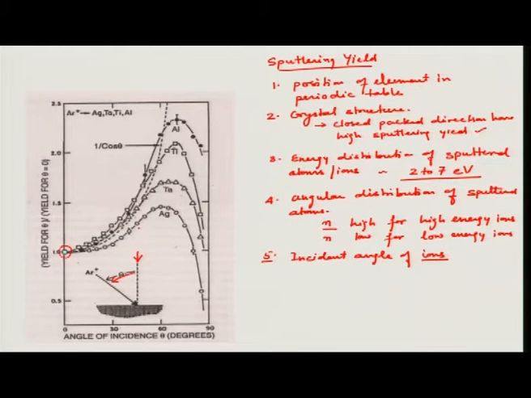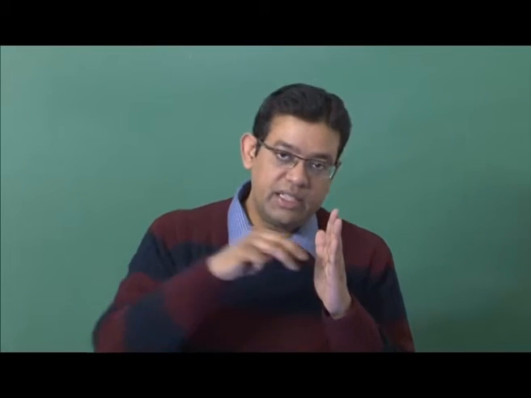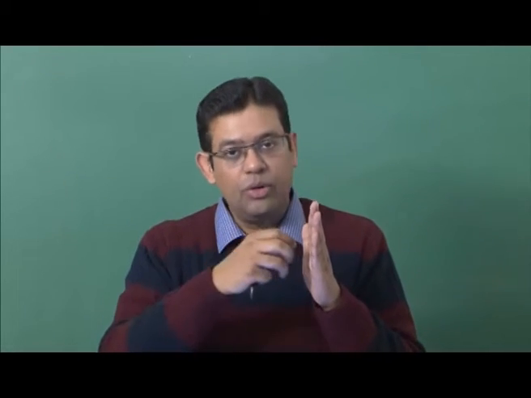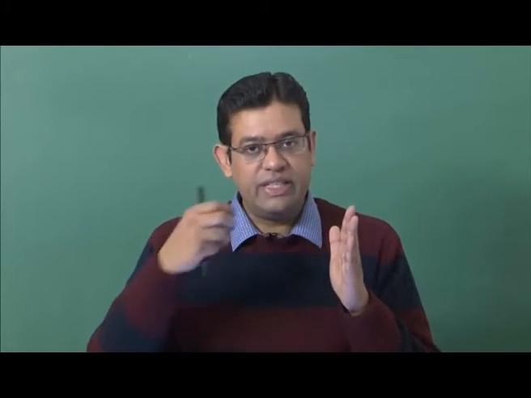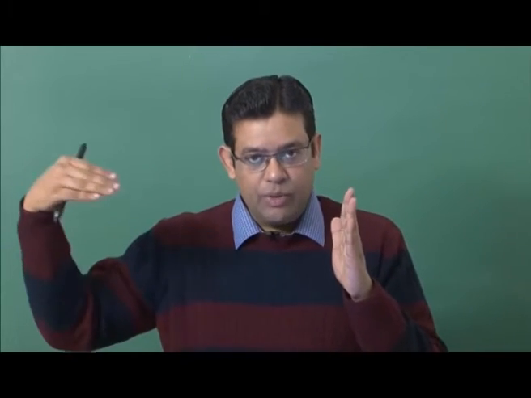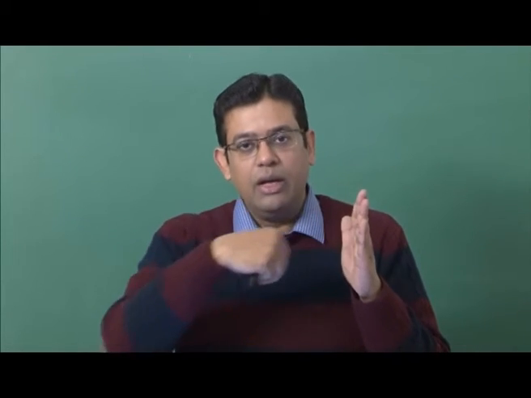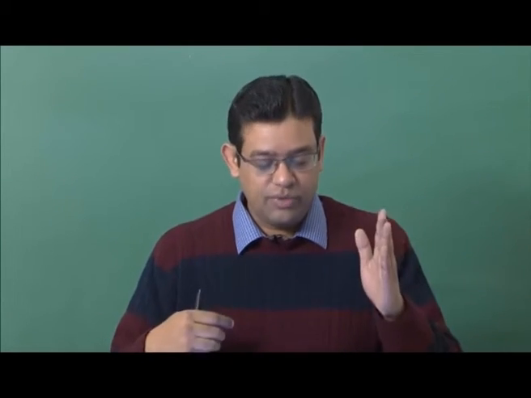Now it should be evident that if an ion is coming straight at the target, it will try to push the atoms of the material deep inside and will not be able to remove these atoms from the surface. If the ion is approaching at an angle, it will transfer its energy and be able to knock out the atoms from the surface.